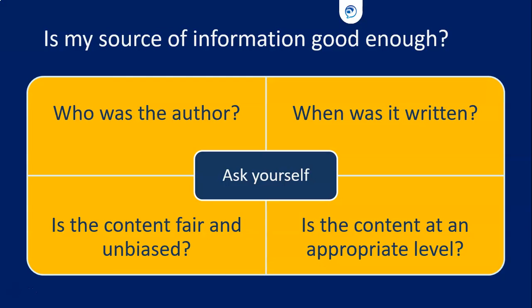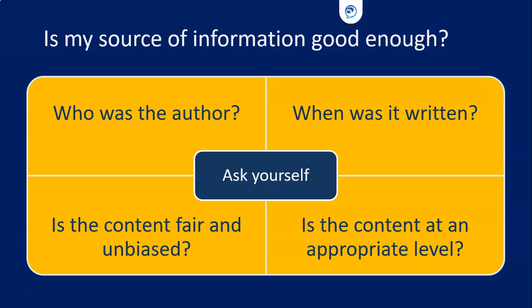Okay, so let's move on and think about how you can evaluate the material that you're finding. Is the information actually good enough? As you're looking through the information, you can ask yourself a number of questions. Who's actually written it? Who is the author or the authors?